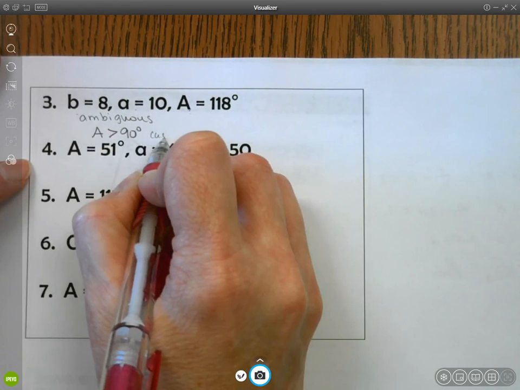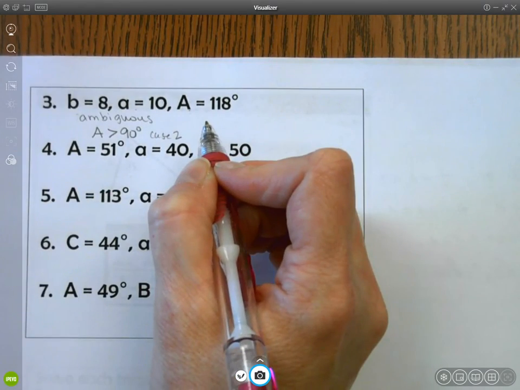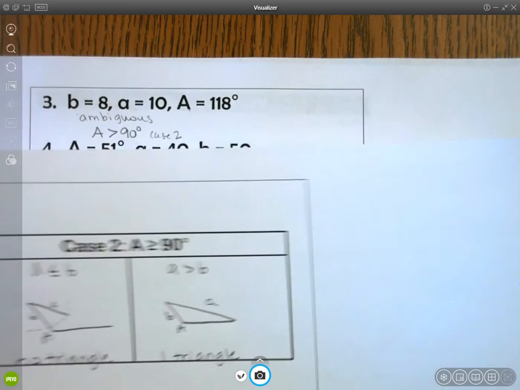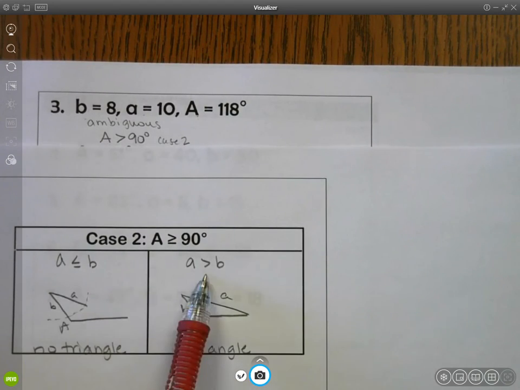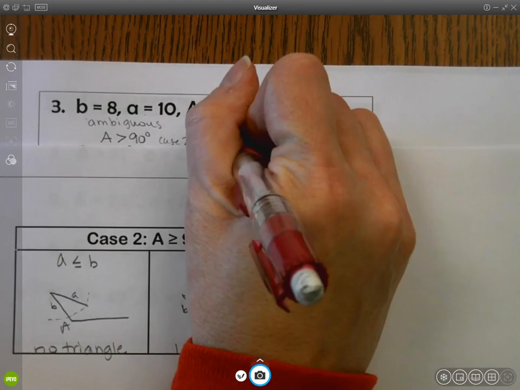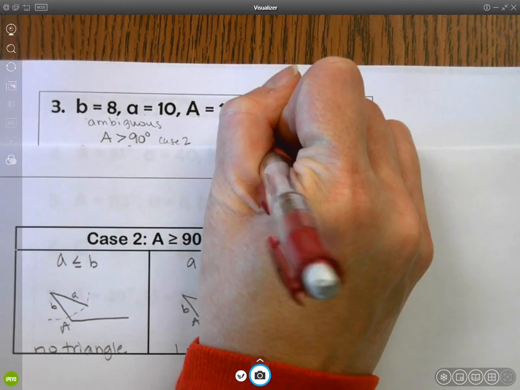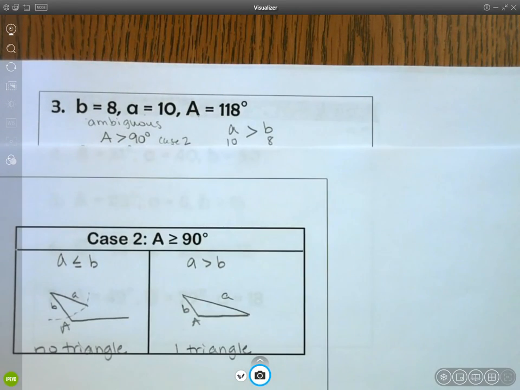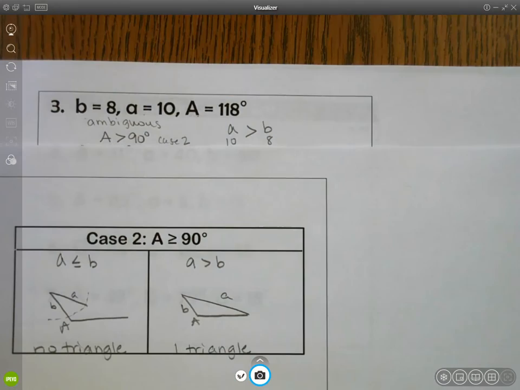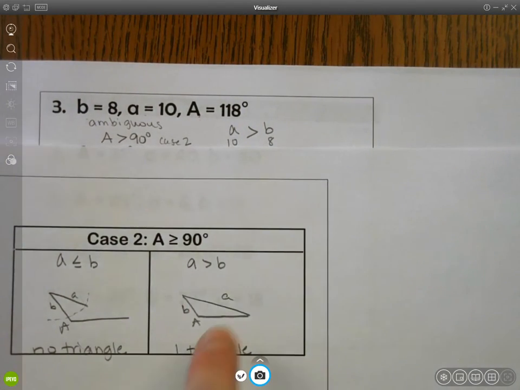So we have case 2. For case 2, because we're greater than 90, all we have to do is compare A to B. So if I compare 10 to 8, we know that 10 is more than 8. So A is greater than B, which tells me I have one triangle.